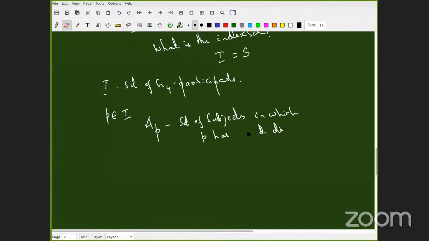Has got distinction. Distinction is something like greater than 75%, or I can simply say has got marks greater than or equal to 75, right? Then I'll have subjects, right? Set of subjects in, let's say, BSc first year, something very particular.